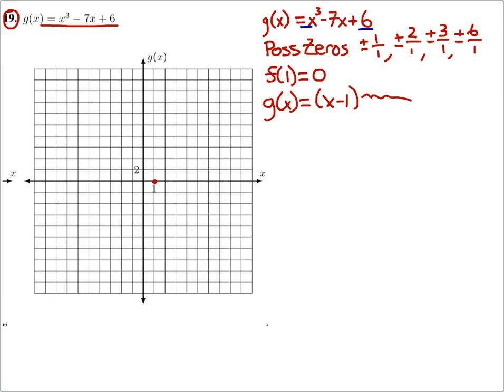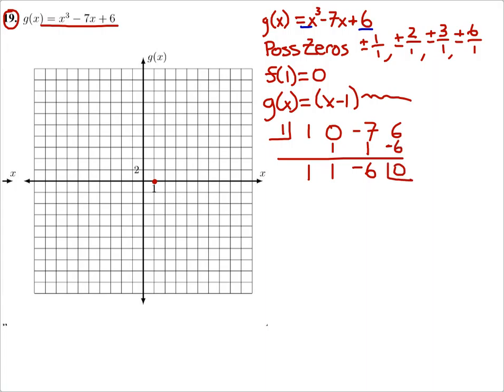So to do that, we need to do some sort of division. You could use polynomial long division. Most people prefer to use synthetic division. So I'll show that. Now notice that I included the 0. That's because there's a missing x squared term. So if you bring down the 1, multiply by 1, add 1, bring down the 1, multiply by 1, you get negative 6 times 1 is negative 6, and you get 0.